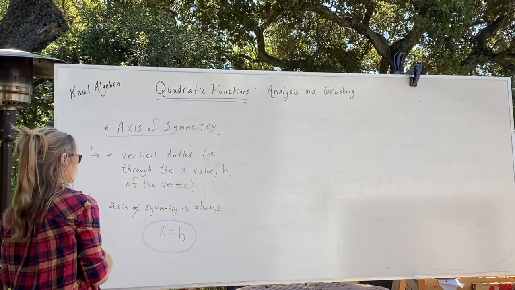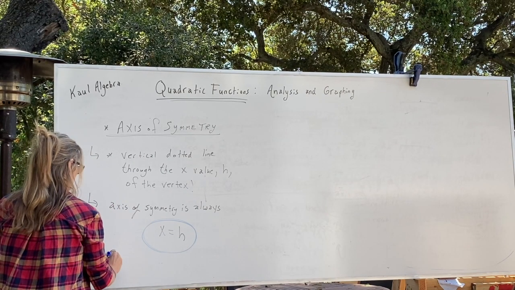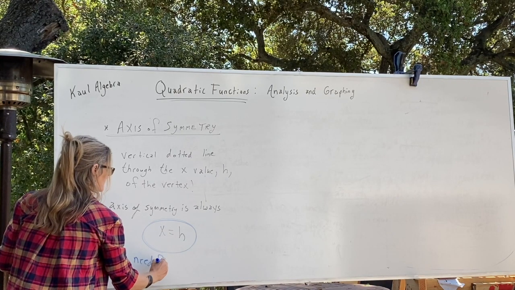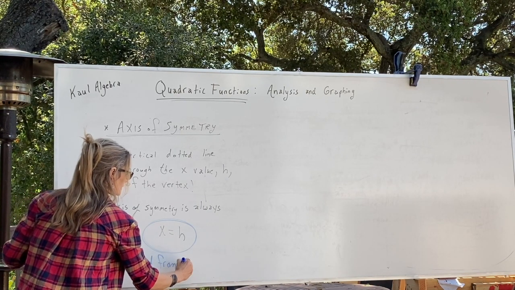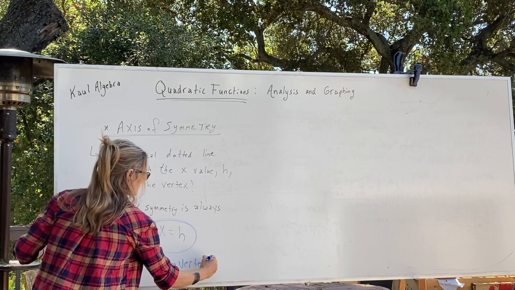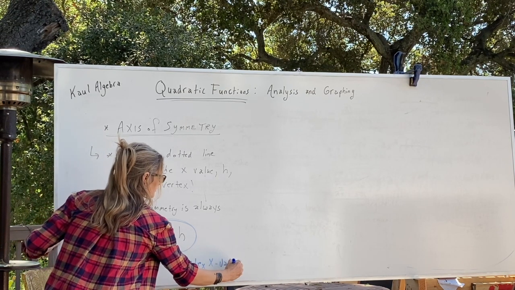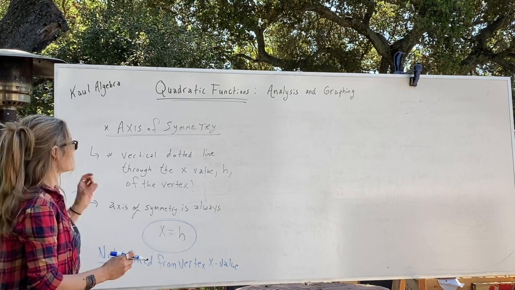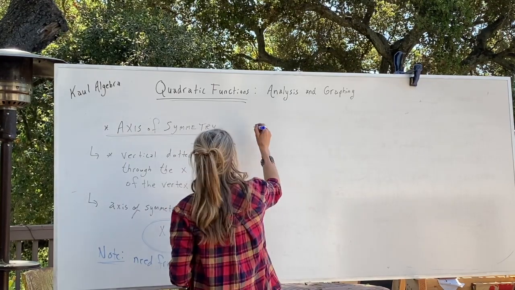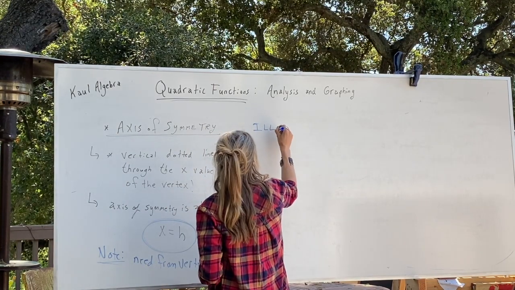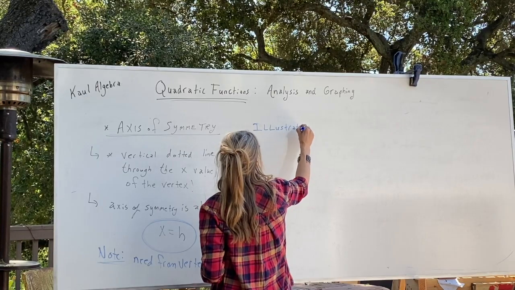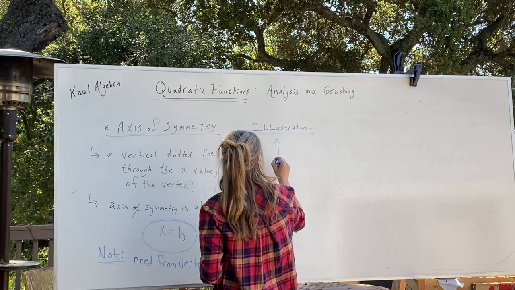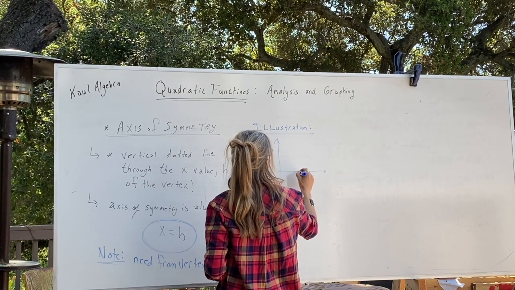So what you need is the x value of your vertex. At least you need the x value of your vertex to identify that. So here is the illustration, and I'm just going to draw a sketch.